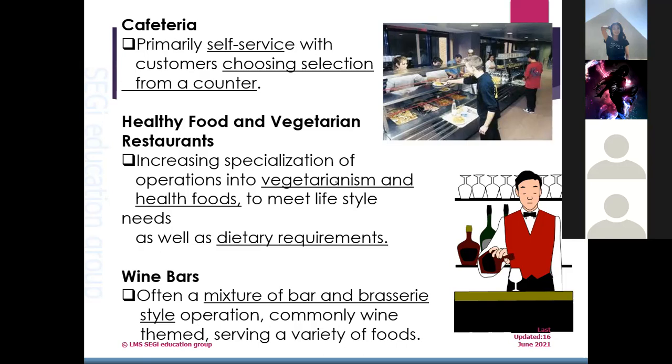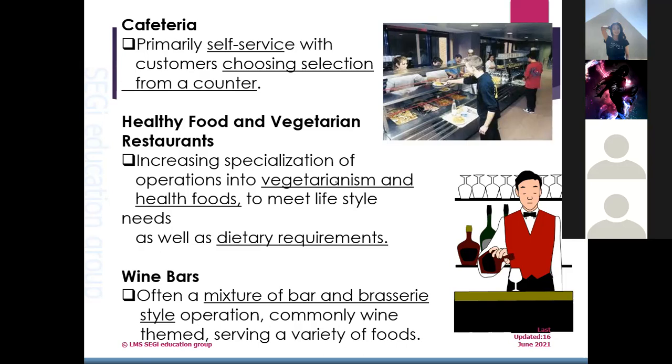Normally you will find cafeteria in hospital, in the office, in universities and colleges. Kita punya college tak ada cafeteria sebab tempat kita banyak sangat restoran kat bawah tu, so kita tak buat cafeteria. Tapi banyak college ataupun universities ada diorang punya cafeteria.